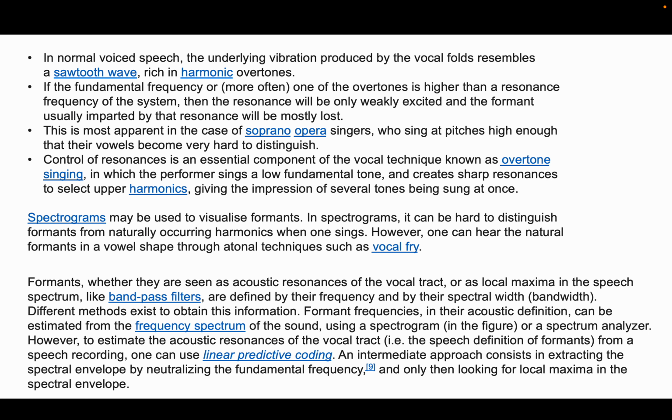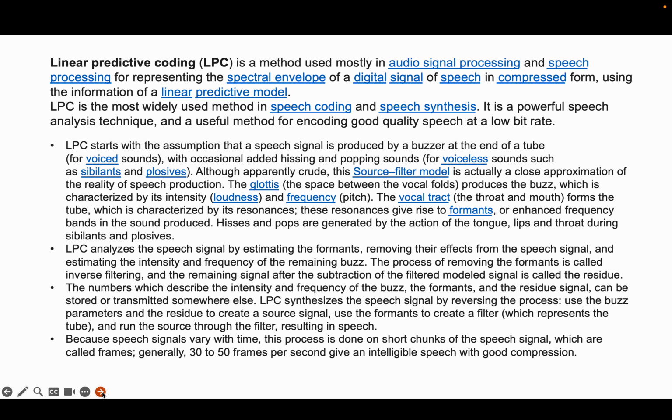Part of the reason that I asked you on this homework to see if it was possible to use the cepstral coefficients or the cepstrum to filter out the fundamental frequency is that this is often done as a first step. The fundamental frequency is removed, and then you look for local max and min in the remaining information.